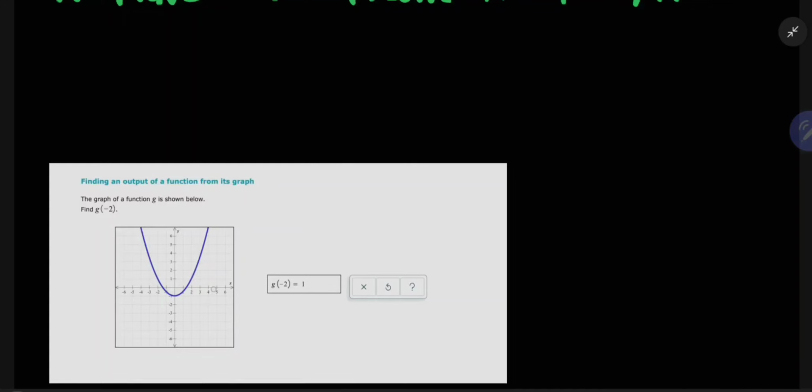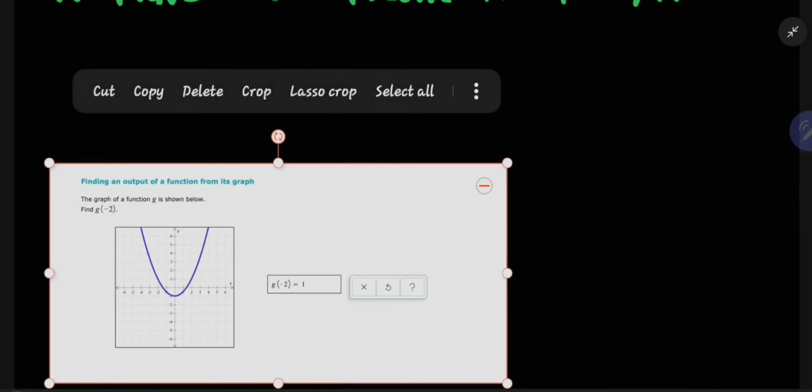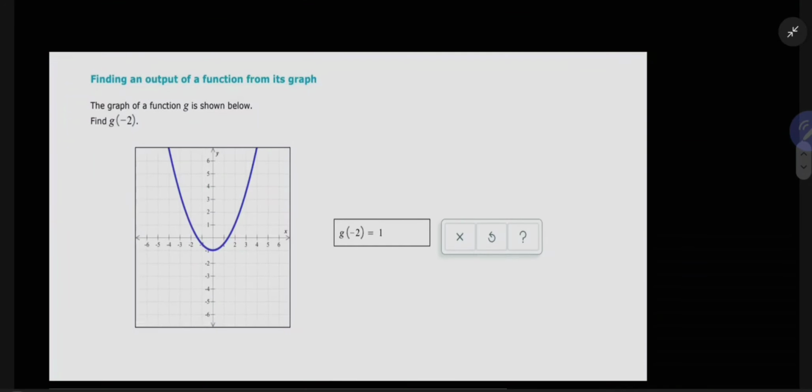Now we see from this graph that g of minus 2. Let me increase the size of this graph. We see from this graph that g of minus 2 is 1.